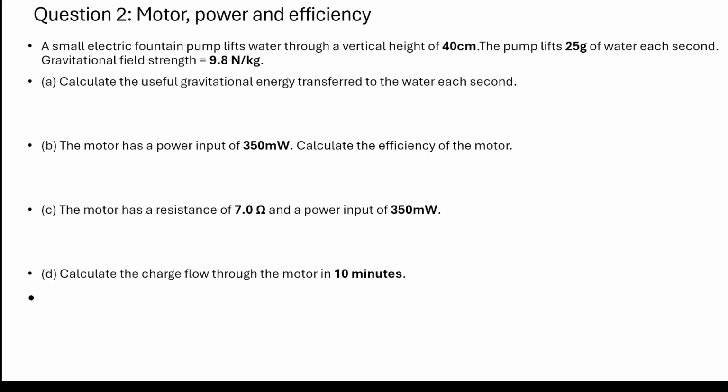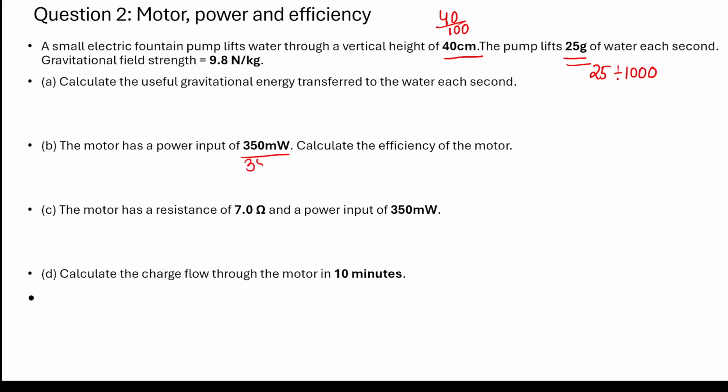Now this one, I'm just going to quickly go through the units. So centimeters always convert into meters, divided by 100. Grams always into kg, divided by 1000. Milli, so this small m is again milli.